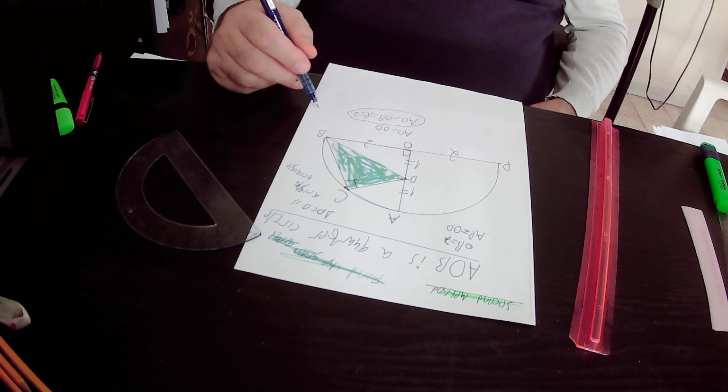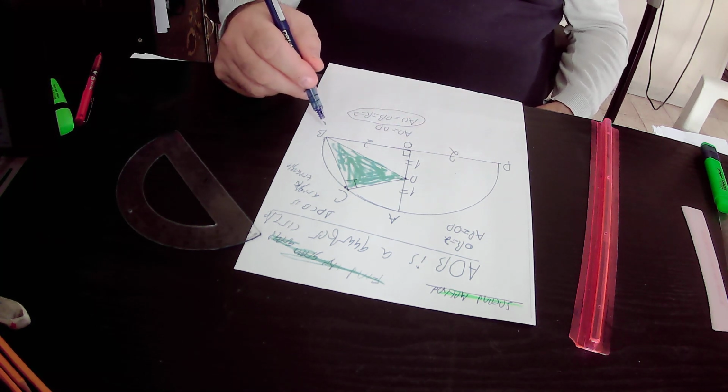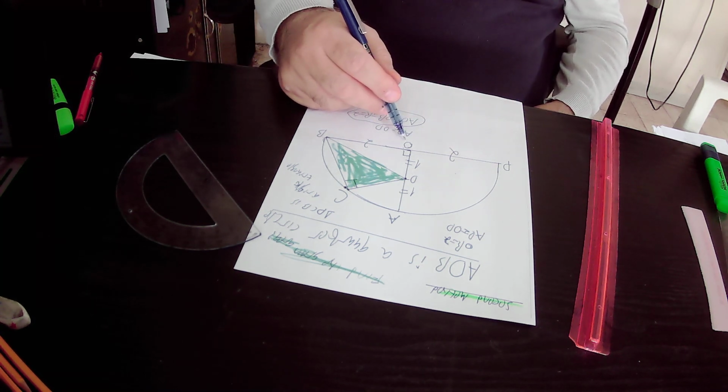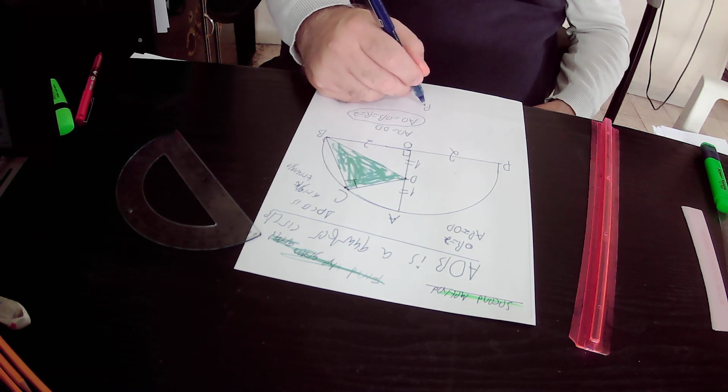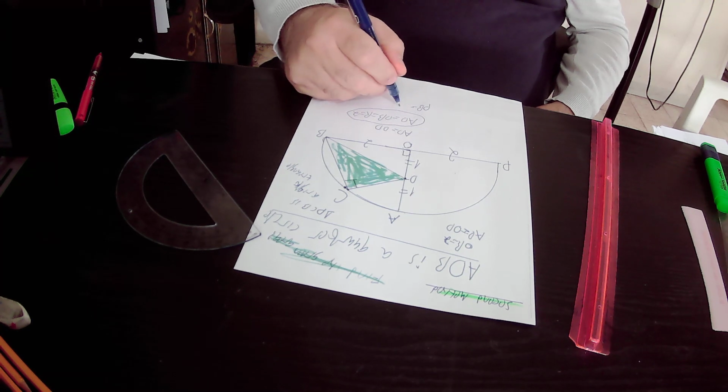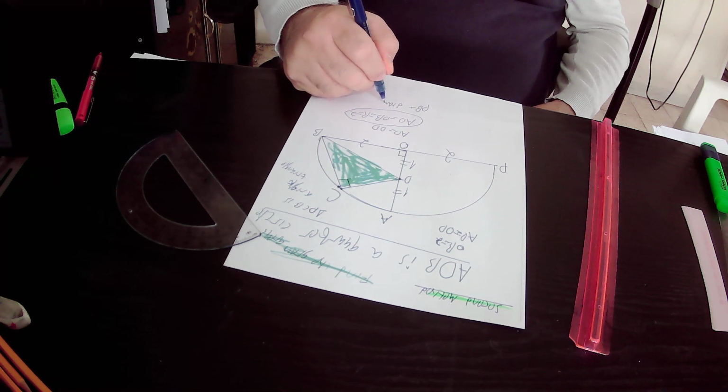Chord PB passes through the center of the semicircle, therefore chord PB is the diameter of the semicircle.